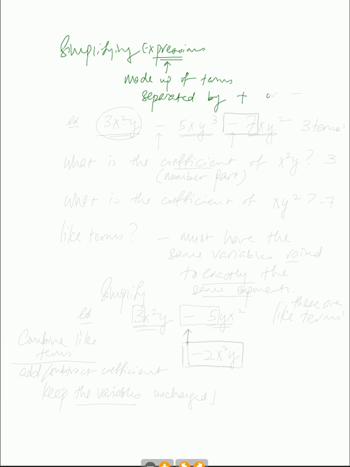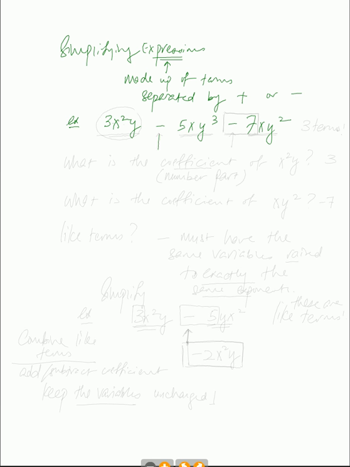So take for example, if I gave you an expression made up of 3x squared y minus 5xy cubed minus 7xy squared. So if this was the question, how many terms will there be? Understand that 3x squared y, they're all separated by multiplication, so that doesn't count.